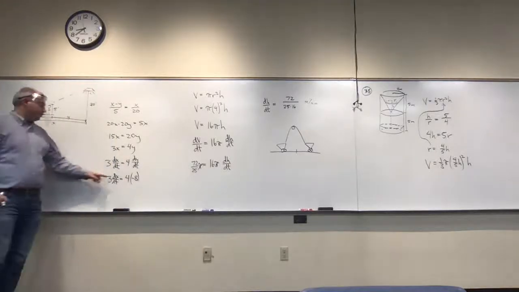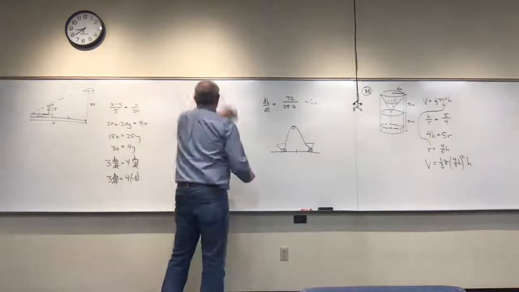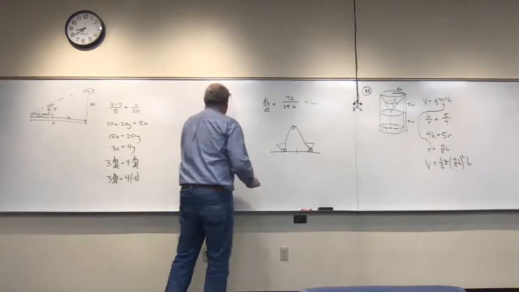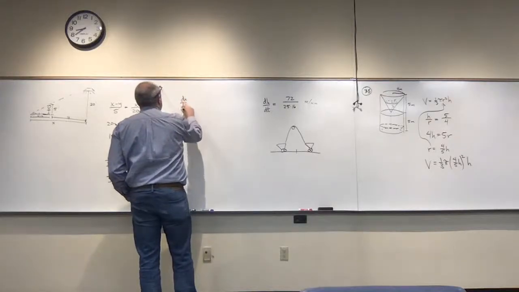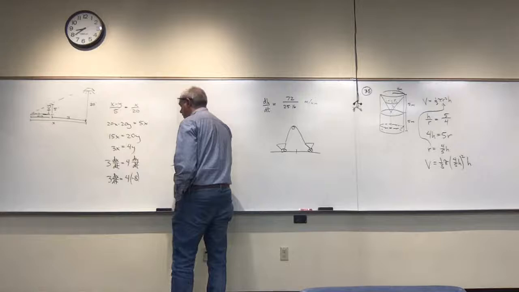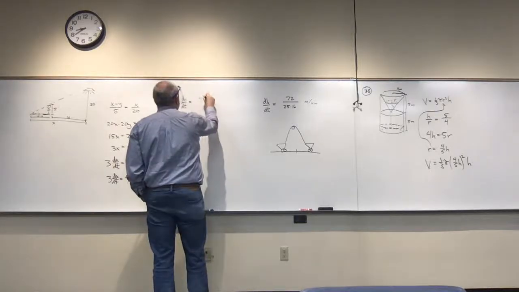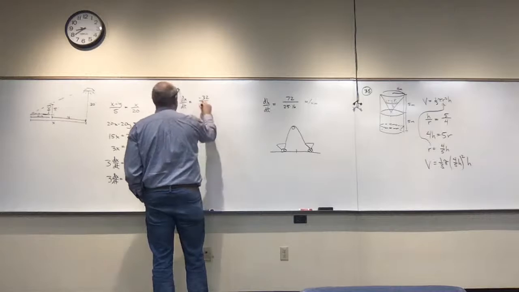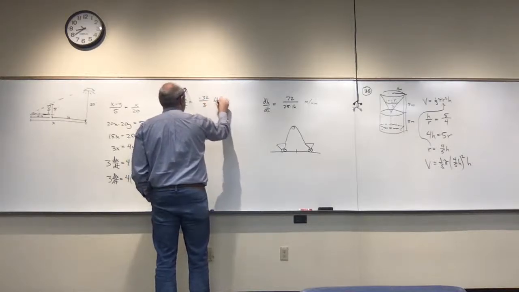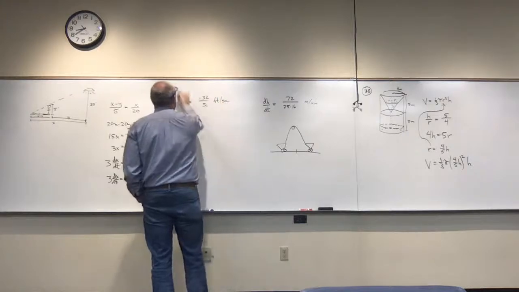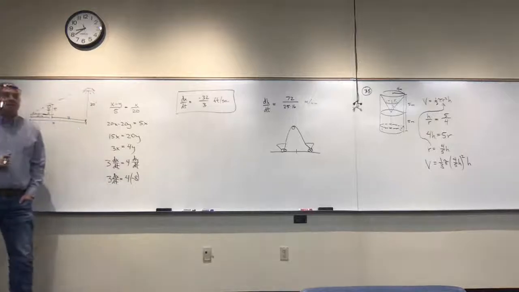And now I could solve for dx/dt, so dx over dt in this case will be 4 times -8, which is -32 divided by 3. And that's still in feet per second. So that would be my answer.